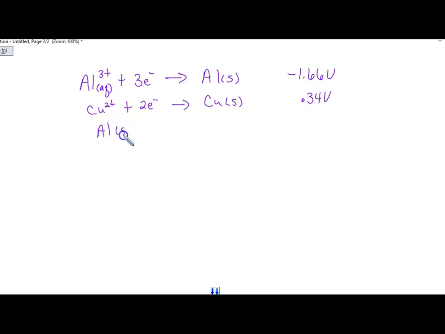And so we're going to have this solid, oh, I forgot to put aqueous in there. And we've got those. So I'm going to go ahead and flip that. Pen is being a little ornery this morning. All right, change that sign to a positive 1.66 volts. Let me get that other guy erased up there.